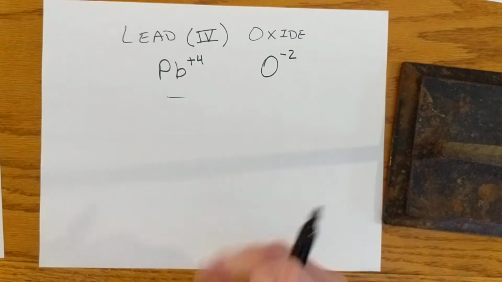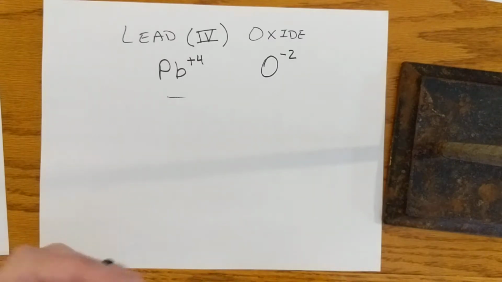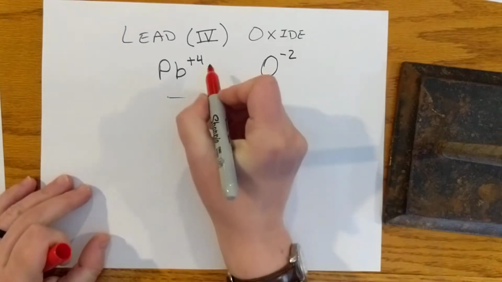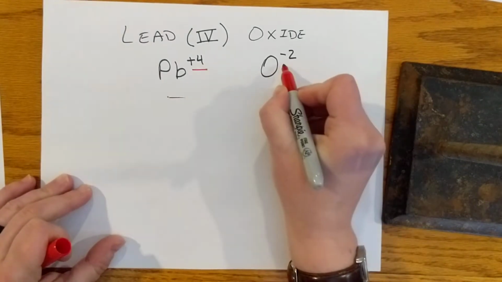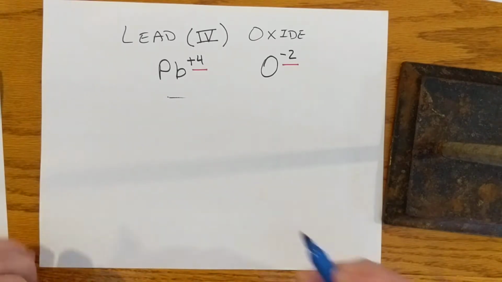Now, for the formula, we want to be able to have the total charge add up to 0. So if I've got a +4 and a -2, I'm going to need 2 of those -2 charges to add up to a -4.